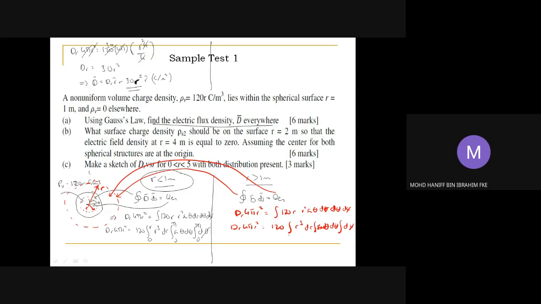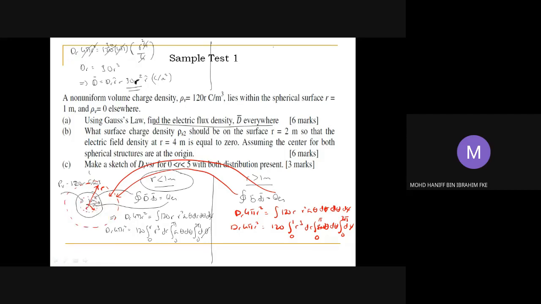For this particular region, the range of integration of r will be from 0 to 1, because that is where we have the charge. We cannot integrate from 0 to r, because from 1 to r there is no charge, so it's useless to integrate between 1 and r. That's why we put the range from 0 to 1 only. Theta 0 to pi and phi from 0 to 2 pi.